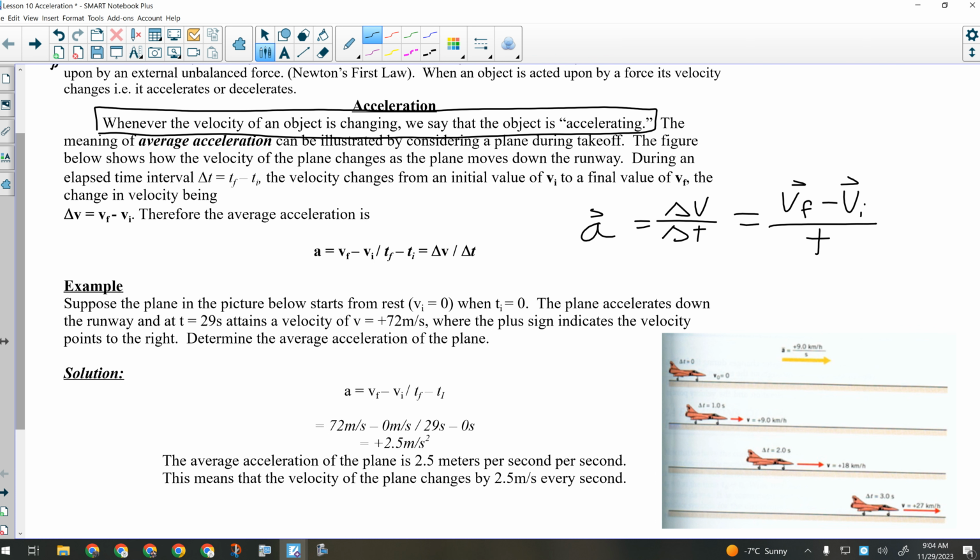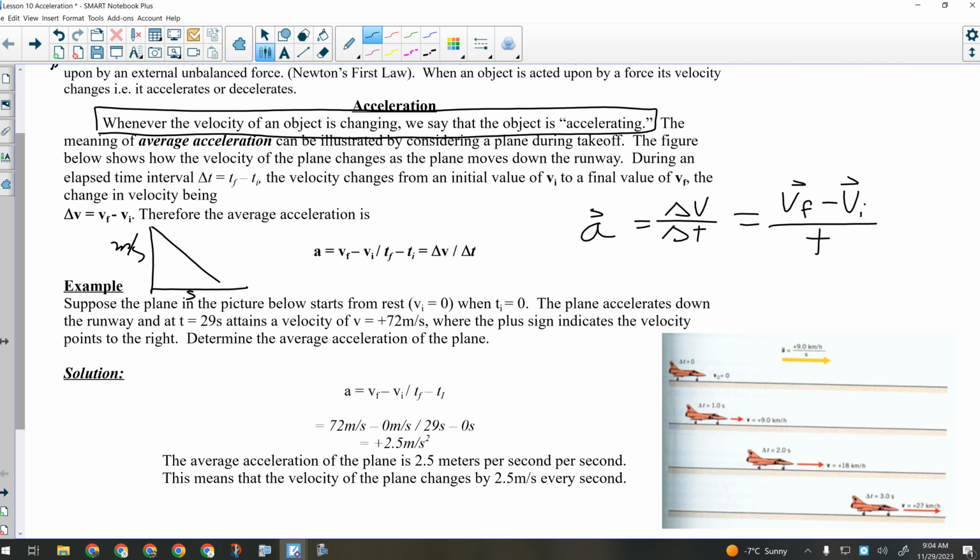Now if I'm looking at a velocity versus time graph, and it looks like this, with meters per second and seconds. Is that object accelerating? Yeah, it is. It's accelerating negatively. Does its velocity change? Does time change? Yes.